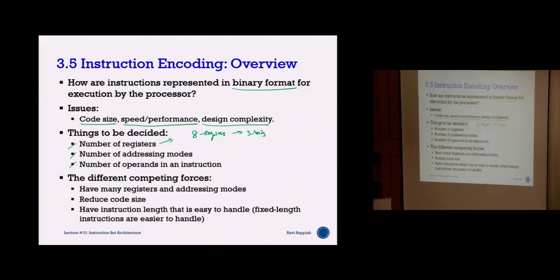Previously for MIPS, we said we have 32 registers. That is why for my RS, RT, everything is 5 bits. Now if I say you can design your own processor and you only need 8 registers instead of 32, that means you now only need 3 bits to specify which register you're talking about.